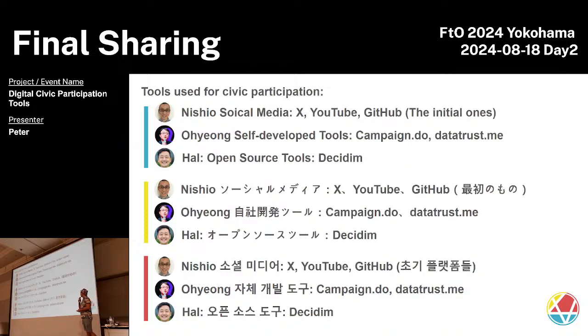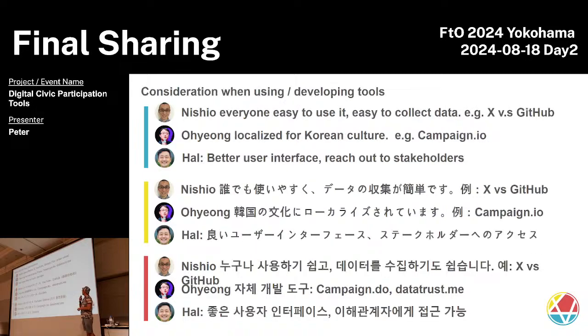The first topic is the tools used for civic participation. Nishio-san is using mostly social media tools, like using X APIs to collect information from social media, or using YouTube to collect comments on videos or live streams, or even GitHub. Actually, GitHub was the first one, but people thought it was very hard for normal users, so they use X with hashtags to collect the data, summarize it and analyze it.